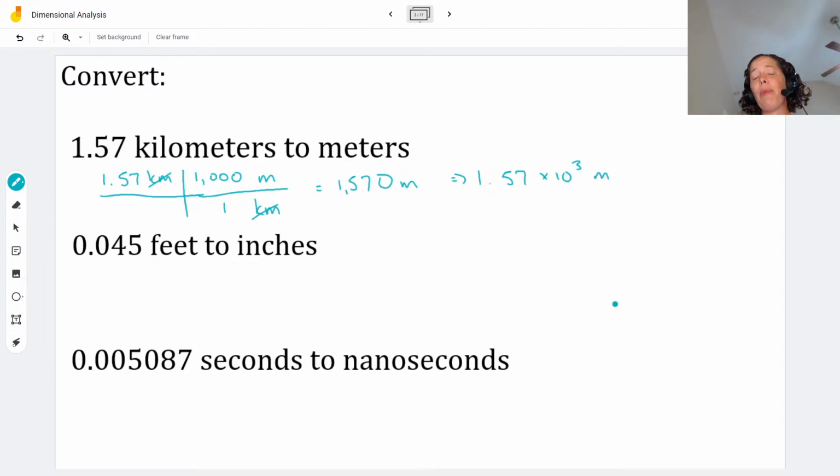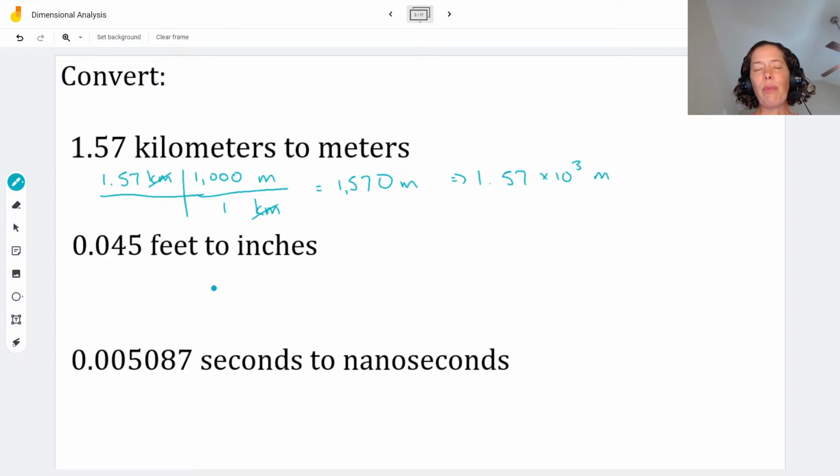Now, in all of these problems, we will be double checking our significant figures, because I know that's another thing that gets wrapped into these conversions or this dimensional analysis. So remember that this conversion factor is a definition. It has an infinite number of sig figs. So the only thing that limits me is this 1.57 kilometers.